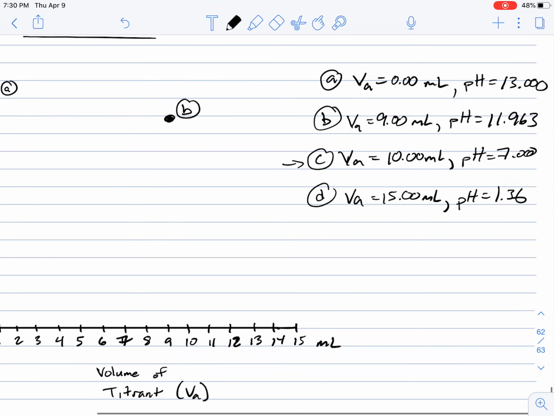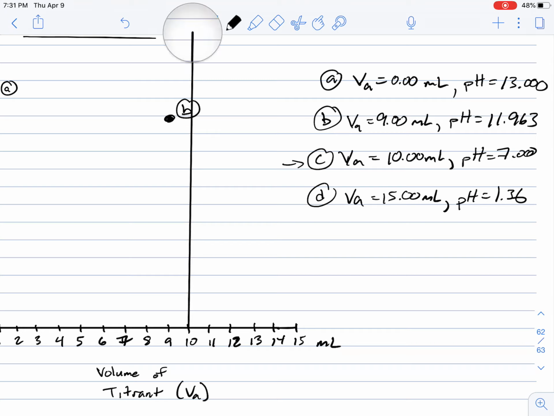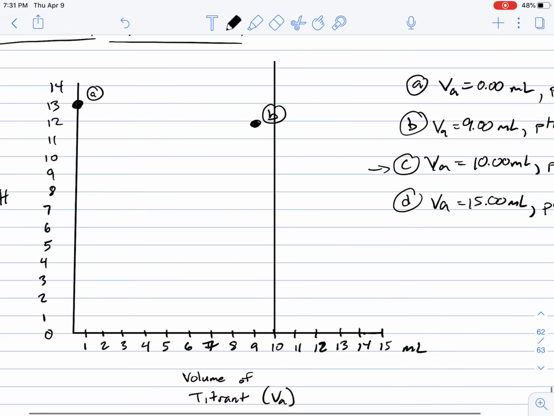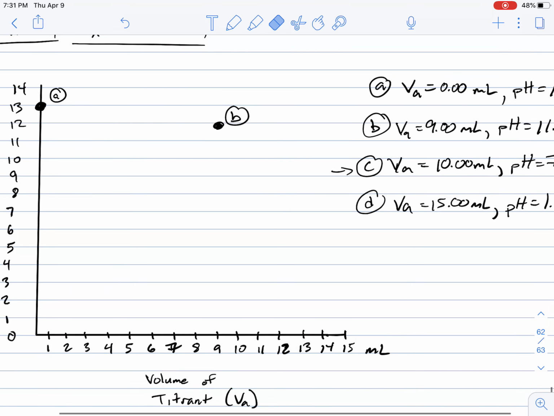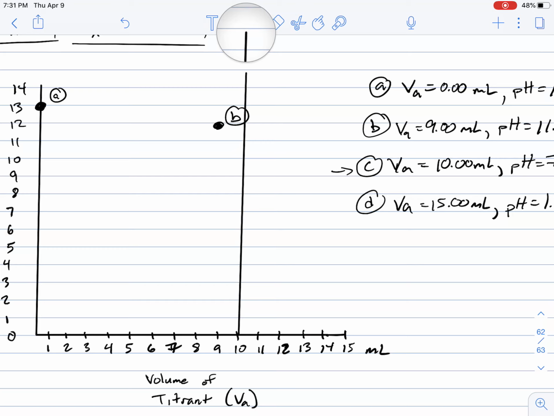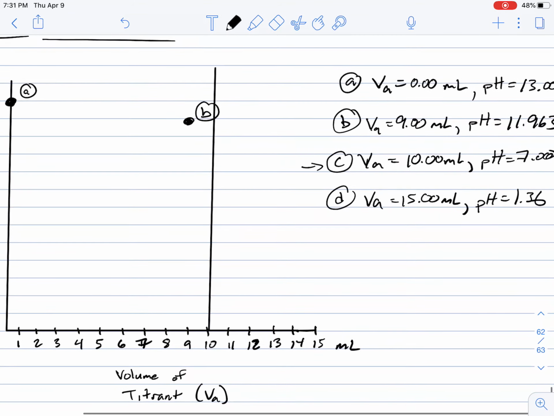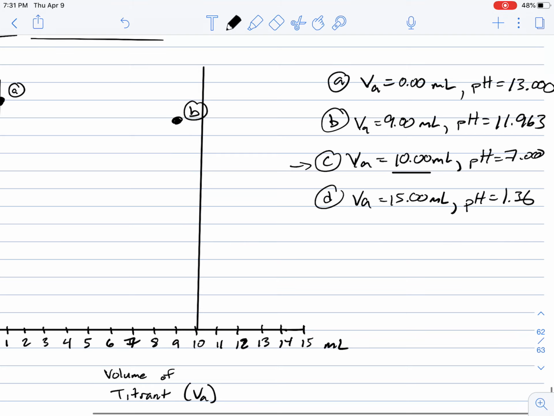So here's 10 mils. Just draw it straight as possible. So 10 mils, pH of 7.